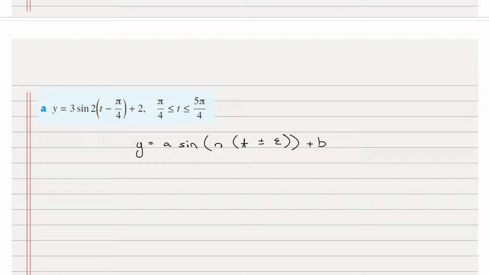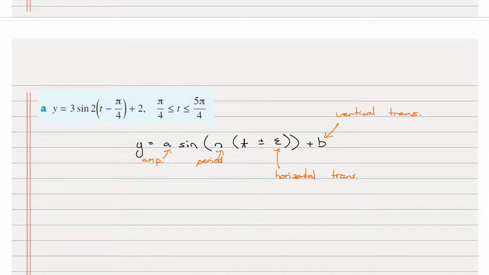Breaking down this form, a is the amplitude, n is our period dilation factor, then we've got our horizontal translation epsilon, and finally this vertical translation b.